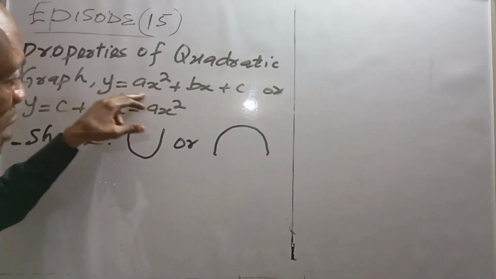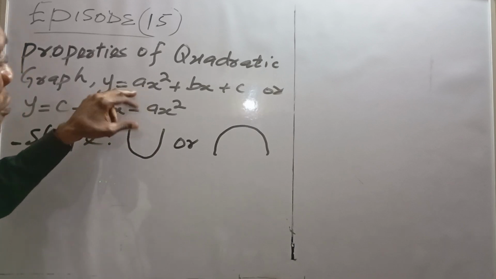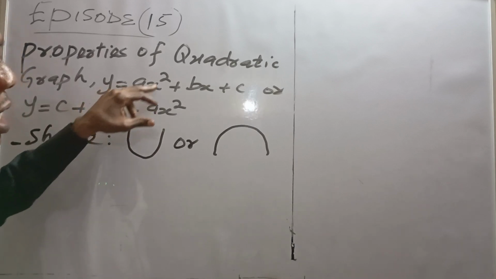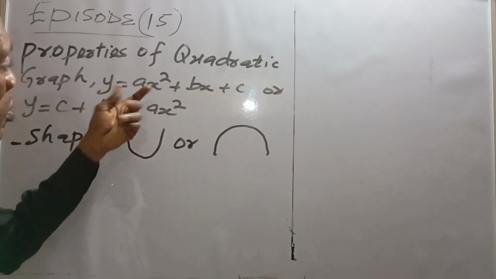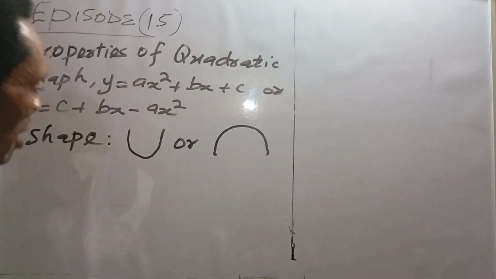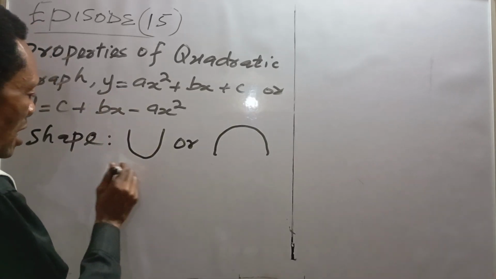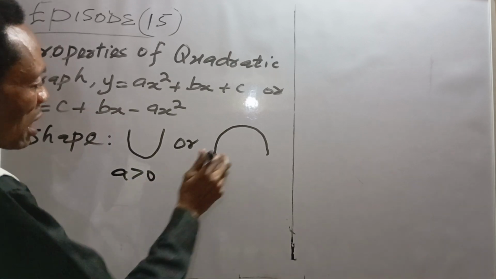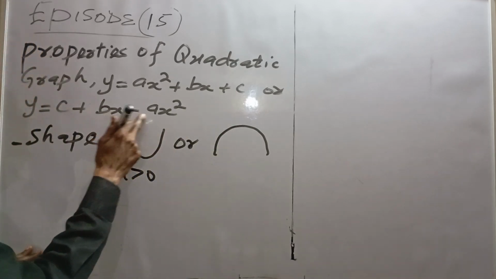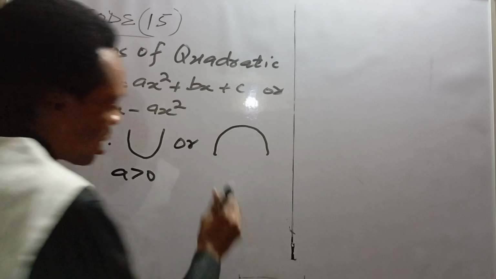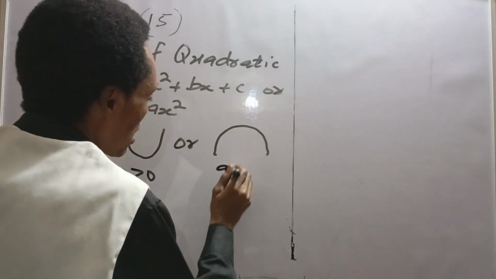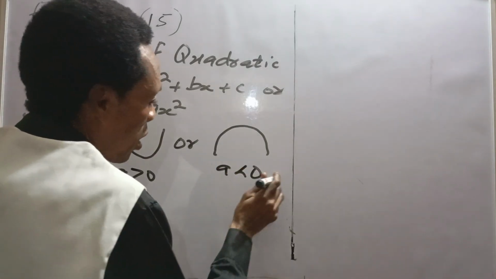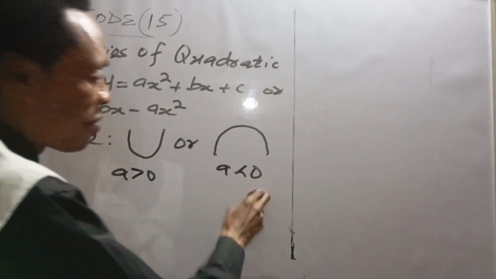In the first one, which is y equals ax squared plus bx plus c, you can see that a is positive here, so a is greater than 0. But in the second one, you can see that a is preceded by a negative. It means that a here is less than 0, or you call it a is negative here.